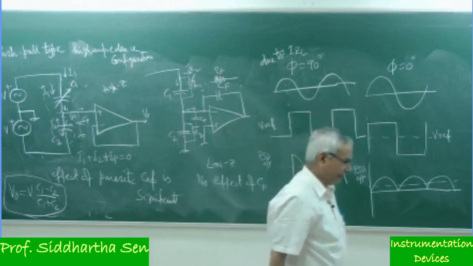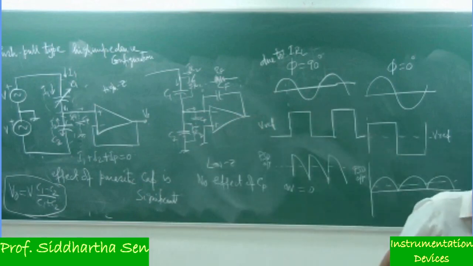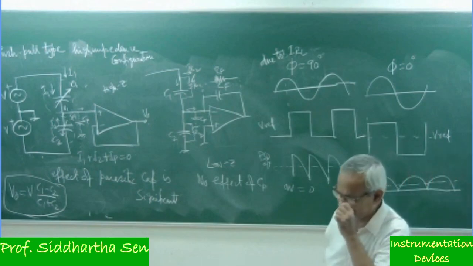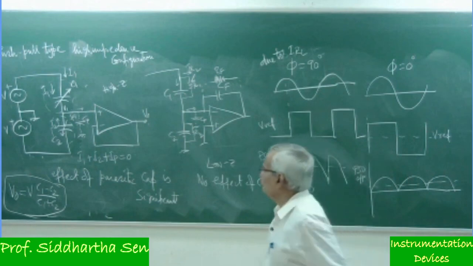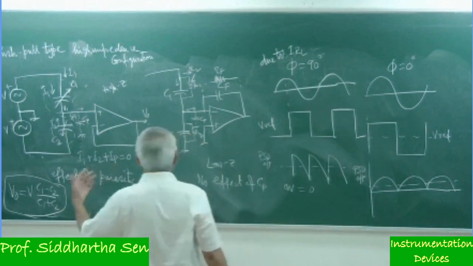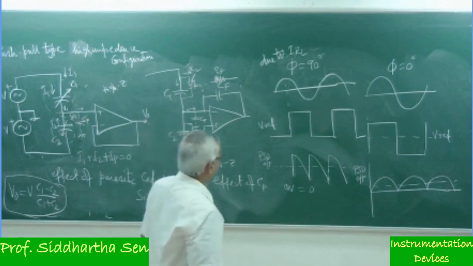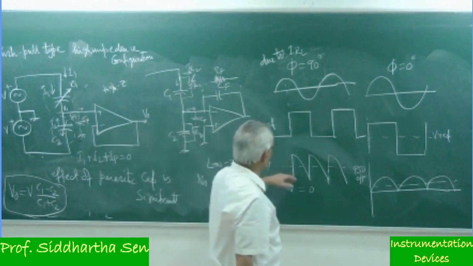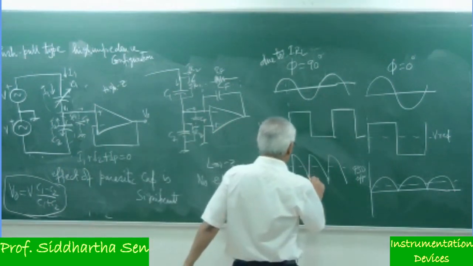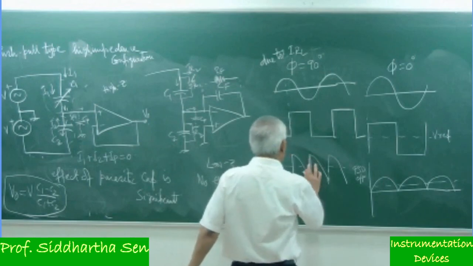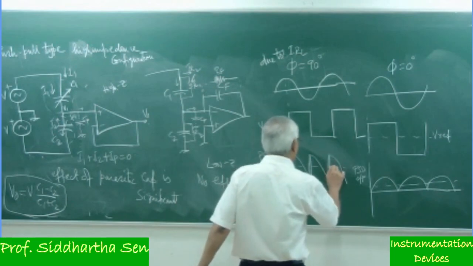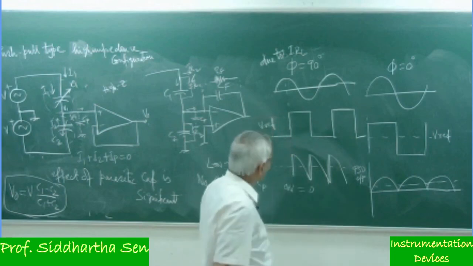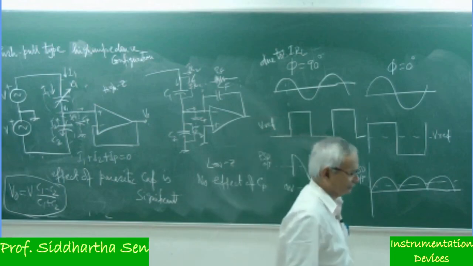So the advantage of the phase sensitive detector, as I possibly mentioned earlier, is not only to make it direction sensitive, positive or negative, but also, if there is some leakage resistance or other types of components, that effect can be neglected using the phase sensitive detector.